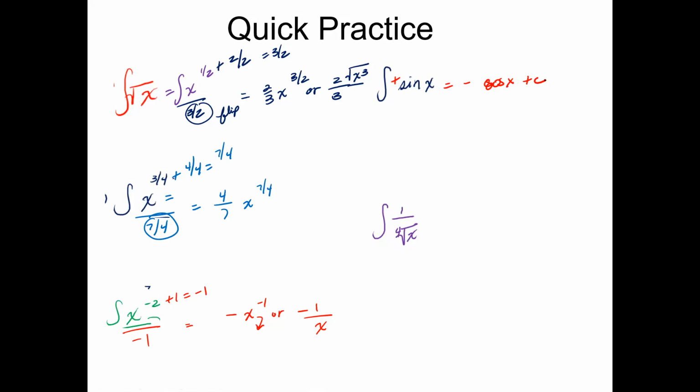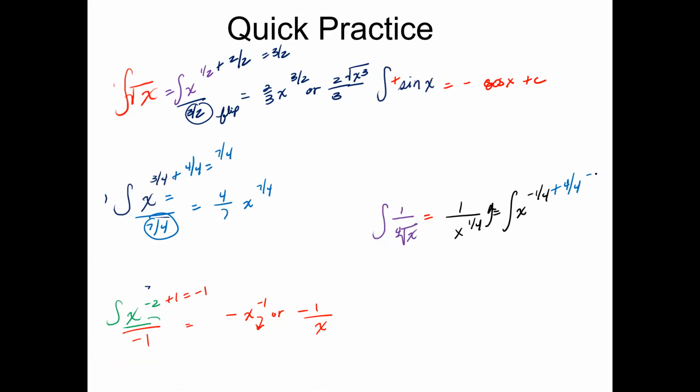There we go. All right, next question. If you have something that looks like this, the first thing you want to do is not have it in radical form, and also it's in a fraction. So I want to rewrite it as x to the 1 over 4th power. I'm going to move this up, so I have x to the negative 1 over 4th power, and I'm trying to find the integration of that. Remember, the reverse of the power rule requires me to add 1.